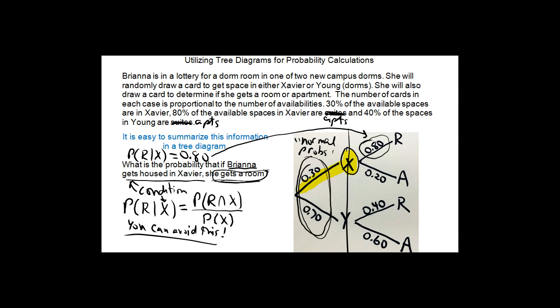The first branch are your normal probabilities. That's like the probability that Brianna gets in Xavier, the probability that Brianna gets in Young. Just straightforward, plain, normal probabilities.